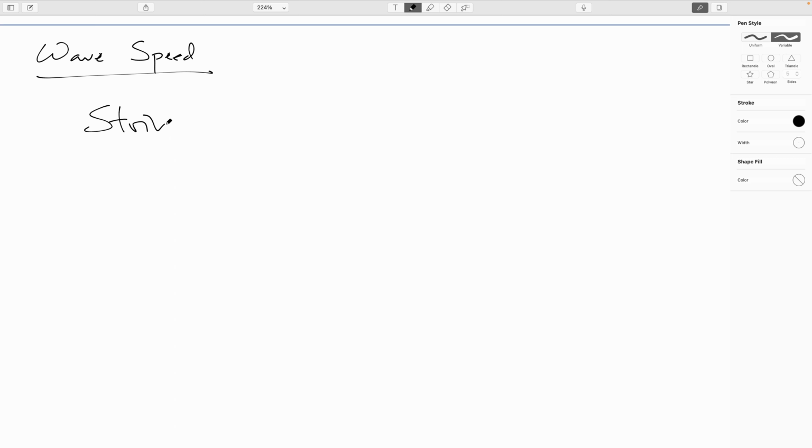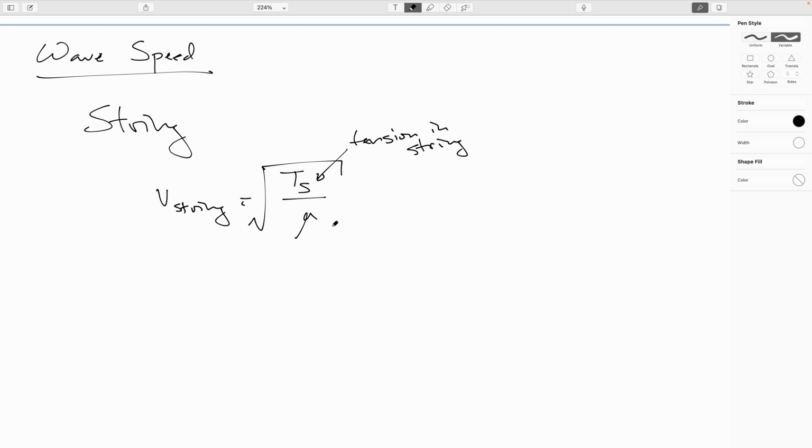So let's say you have a wave propagating in a string. The speed of the wave in a string is, here I'm going to write T sub s just to not confuse things any more than I have to. This T sub s is the tension in the string. And this mu here is the linear mass density, or the mass per length of the string.